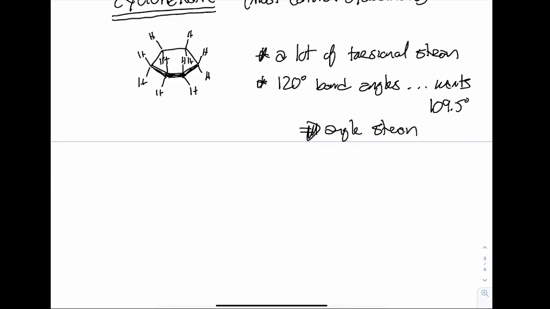And we're going to actually make two moves on this one. So redrawing this, and I'm not going to wedge it, but it's still coming in and out at us. What we're going to do is I'm going to take one of these carbons and bend it up. I'm going to take the carbon across from it and bend it down. I guess I will wedge this because I do want you to see it. So this is coming in and out.